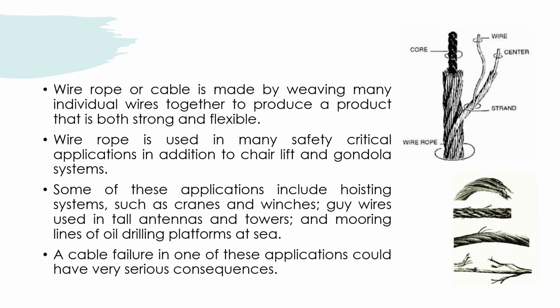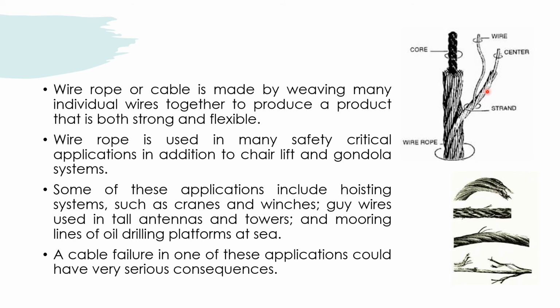As you see in this picture, the wire rope basically consists of two parts. One is the core, another is the strand. The strand again consists of two things: one is wire and the second one is the center.